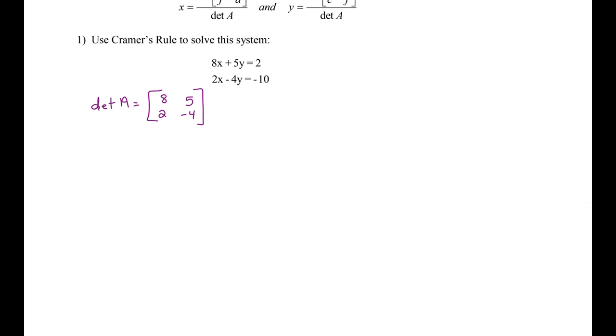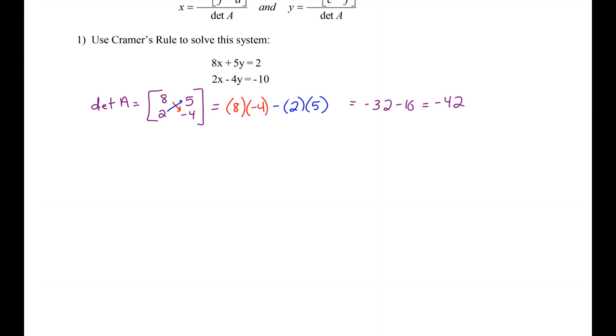And in order to find its determinant, I'm going to take the product of the diagonals down, and I'm going to subtract it by the product of the diagonals up. This gives me negative 32 minus 10, or negative 42.